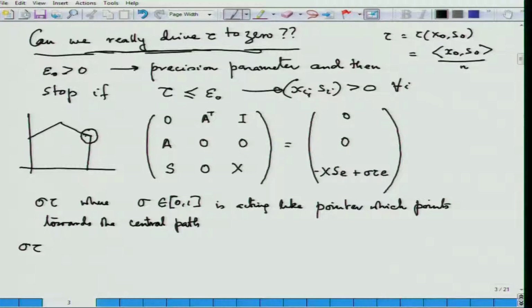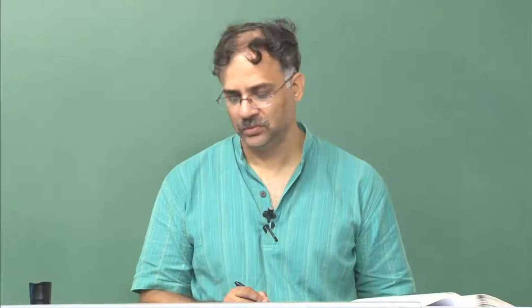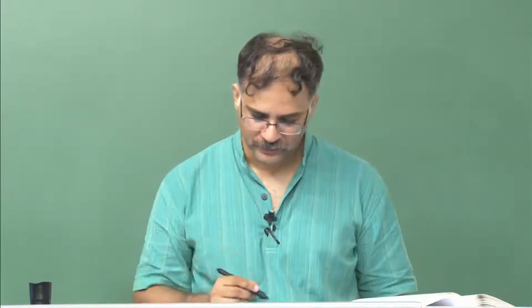So, if I put sigma tau equal to mu, my sigma is 1 by something times mu, so mu is not exactly tau, but some fraction of this tau. So, I am exactly not on the central path, but somewhere else, that is exactly what we are trying to say.